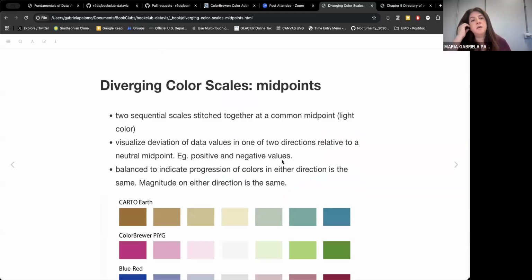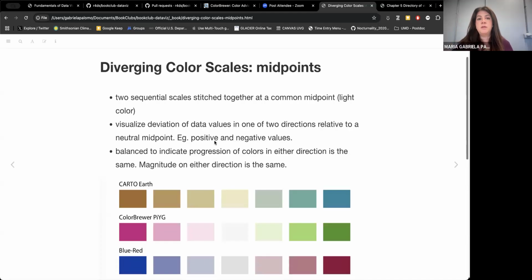Okay, we also have diverging color scales, which are used to highlight midpoints, where the midpoint is going to mean something or have an importance in this case.